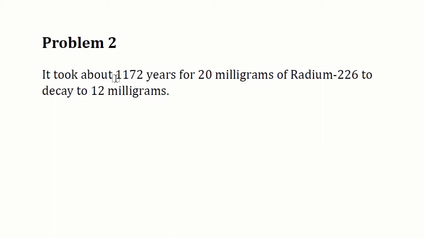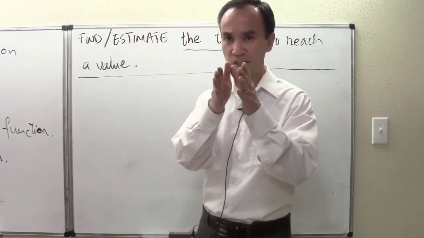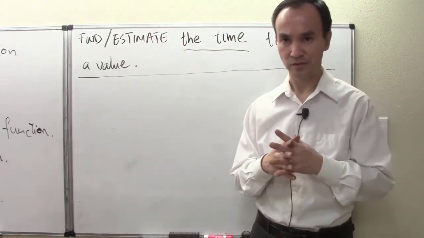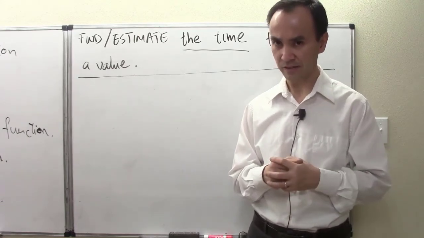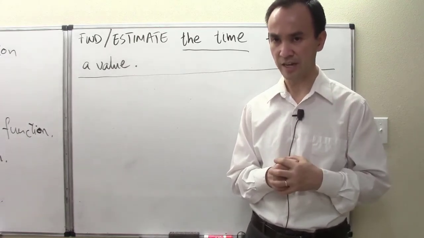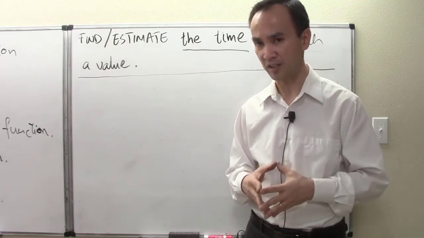It took about that many years for 20 milligrams of radium-226 to decay to 12 milligrams. I am now going to use that information to write the modeling function. The wording makes it clear that it's a decay process, an exponential decay process.